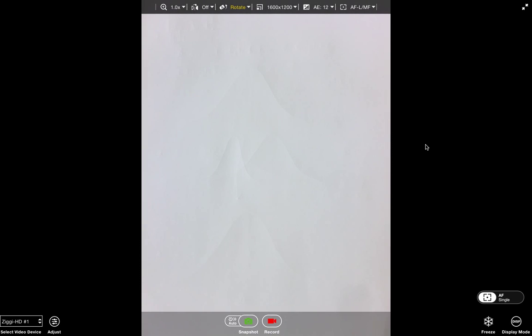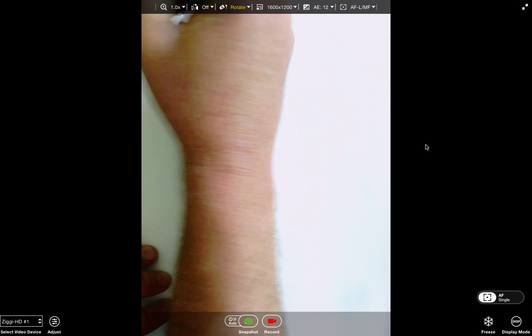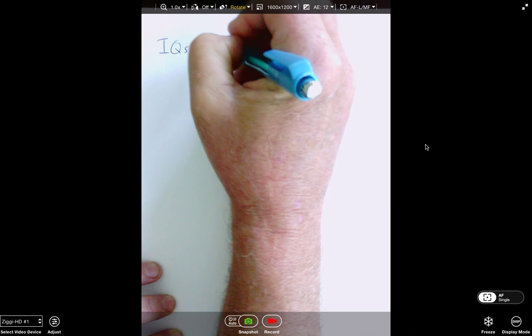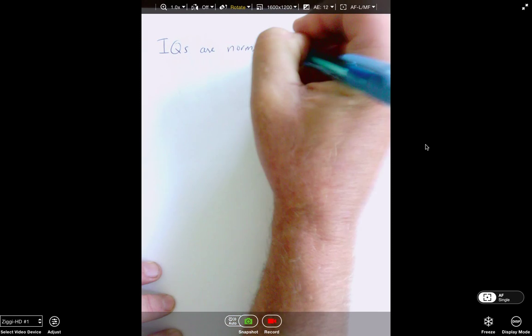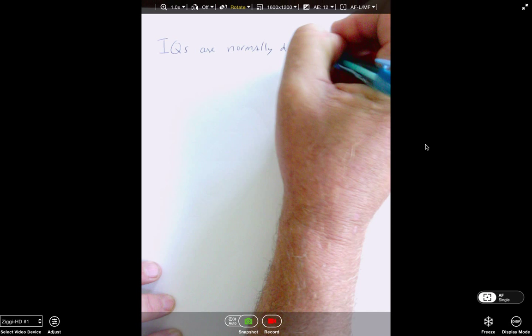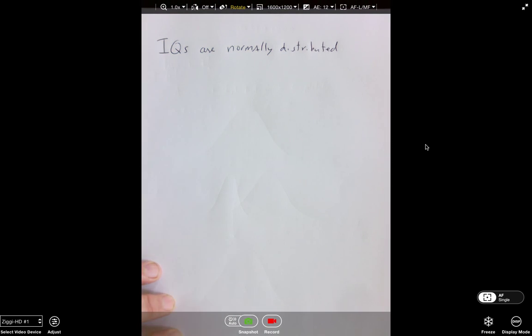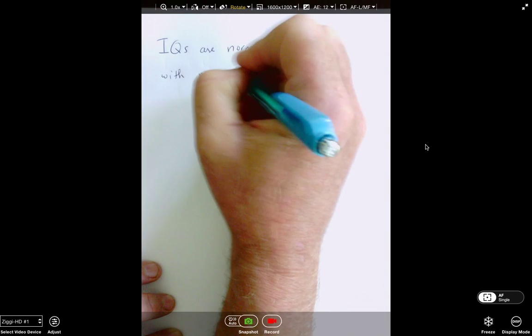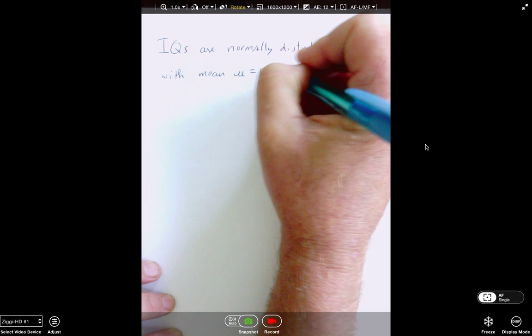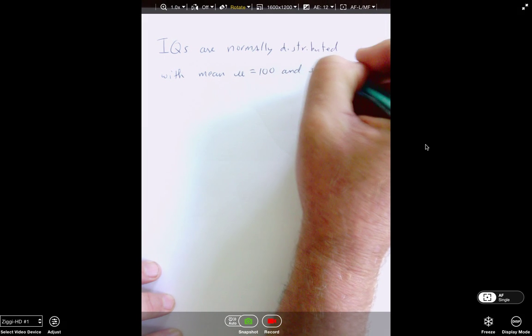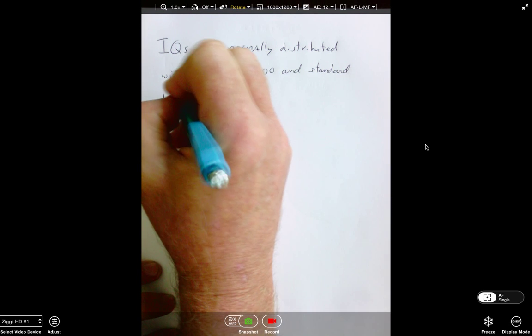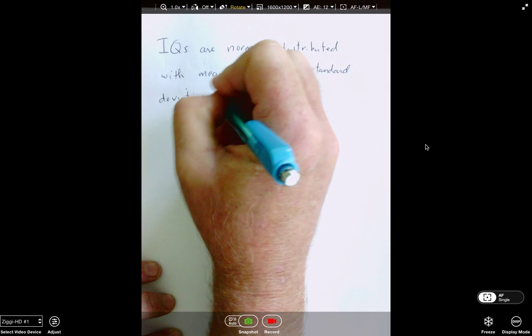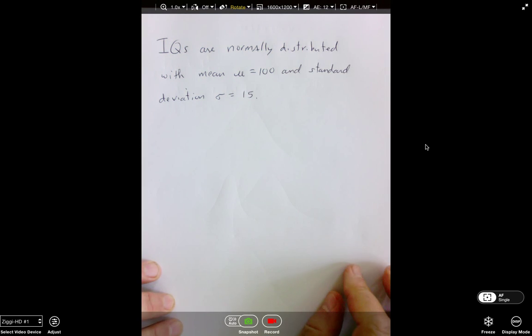Now, I talked about IQs before, and IQs are normally distributed. This is going to be really cool for those of you that are in the social sciences. You probably know this: IQs are normally distributed with mean mu equal to 100 and standard deviation sigma equal to 15.